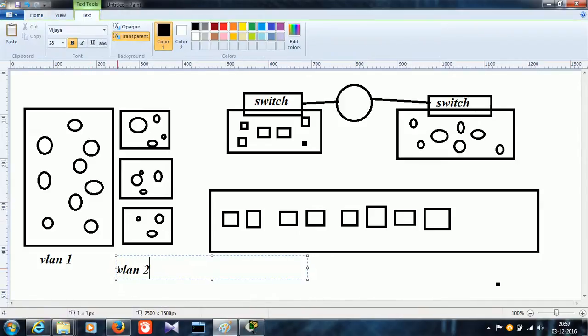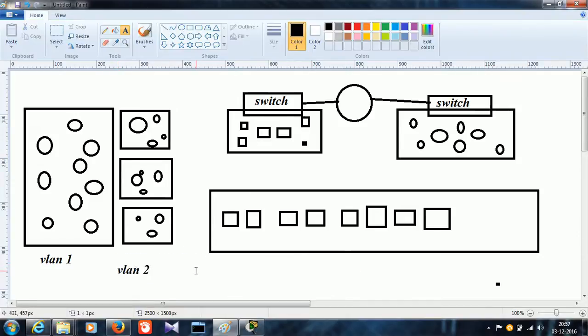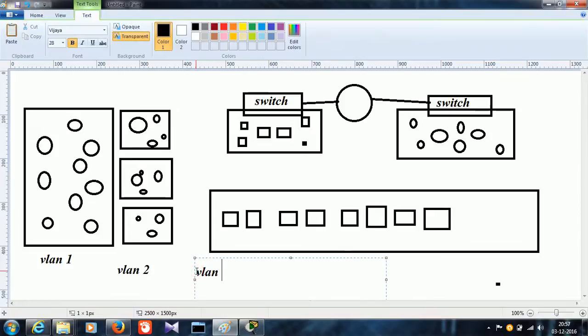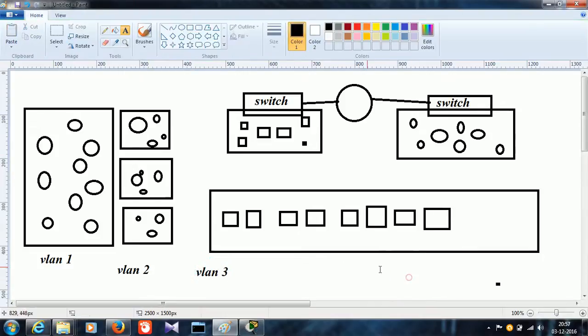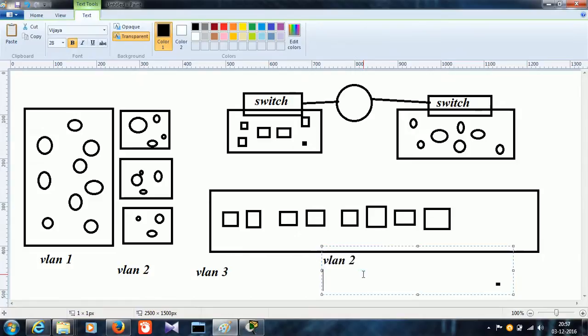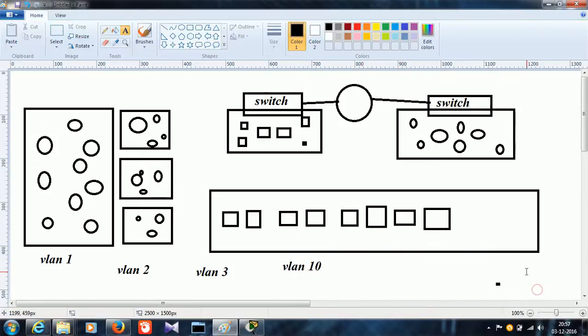If I want to configure VLAN number 3, I can do it. If I want to configure VLAN number 5, or 10, I can do that. So like this, we can create logically different VLANs.